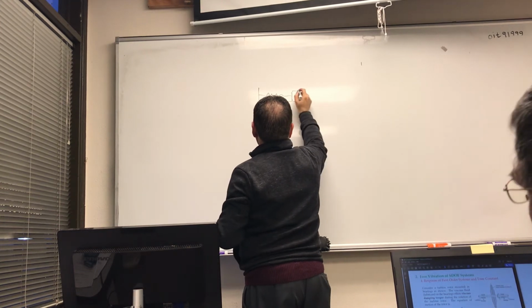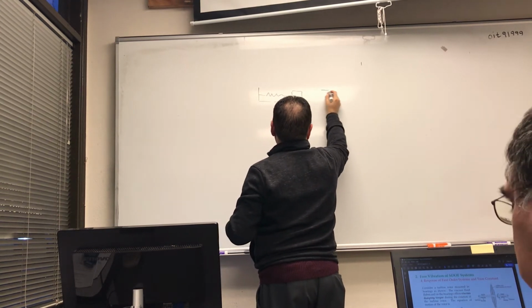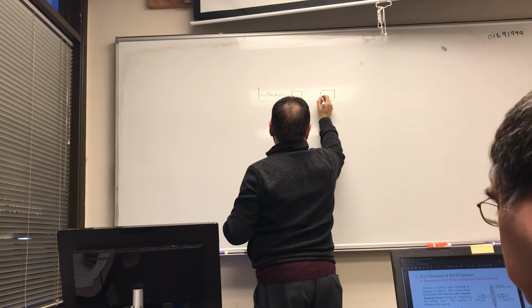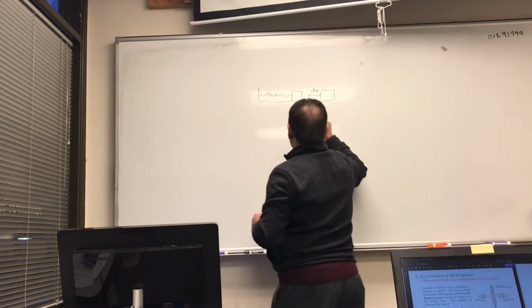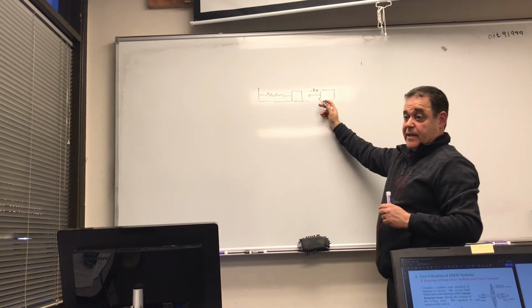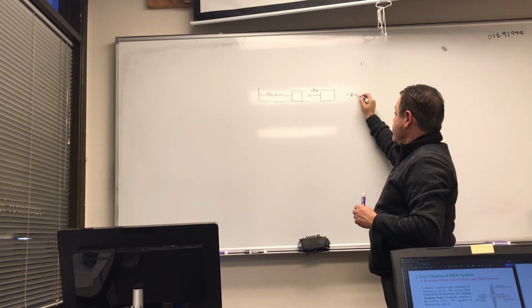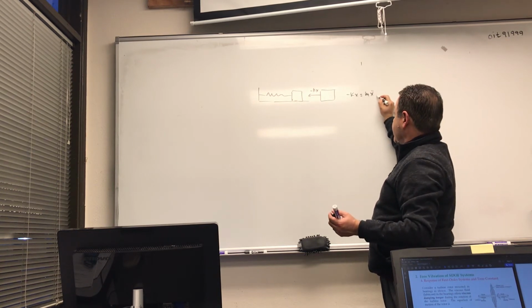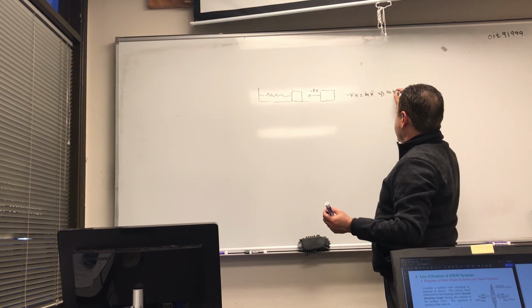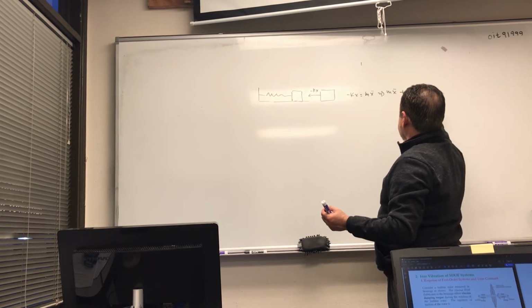When we pulled it, we did the free body diagram. When you pull it this way, you're going to have minus kx, the only force acting on it. So minus kx is equal to mass times acceleration, m x dot dot, and therefore we get m x dot dot plus kx equal to 0.